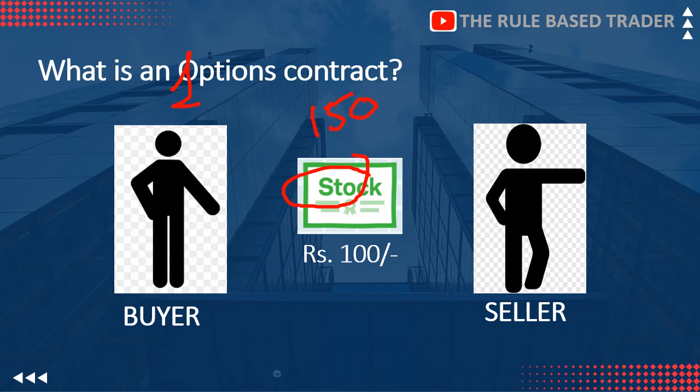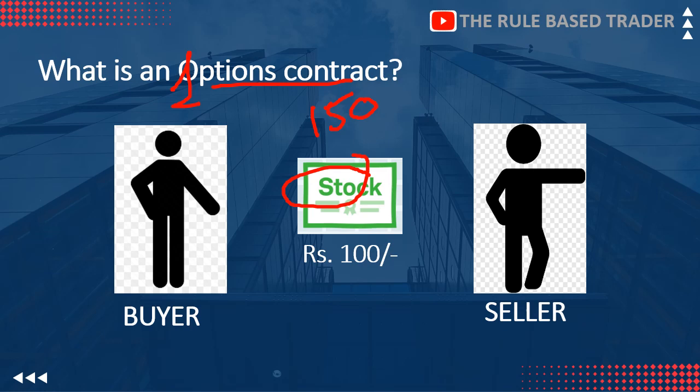Then the buyer will simply execute this options contract and buy the stock at the predetermined value from the seller, which is 120 rupees, and then sell to someone else in the marketplace at the market price of 150 rupees, making a 20 rupees profit and not 30, which you might be thinking, 150 minus 120 is 30.